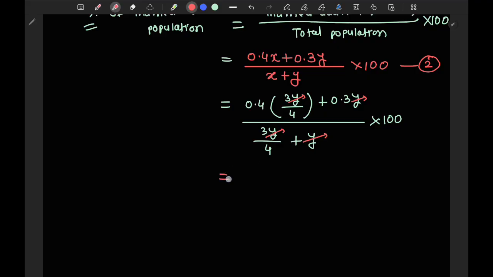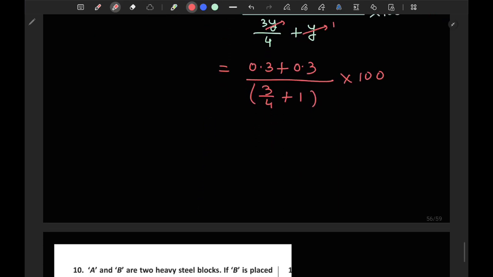So 0.4 divided by 4 is 0.1, 0.1 into 3 is 0.3, plus this is again 0.3, y is cancelled. Here 3 by 4 as it is, and here y is cancelled, that is equal to 1, and into 100.